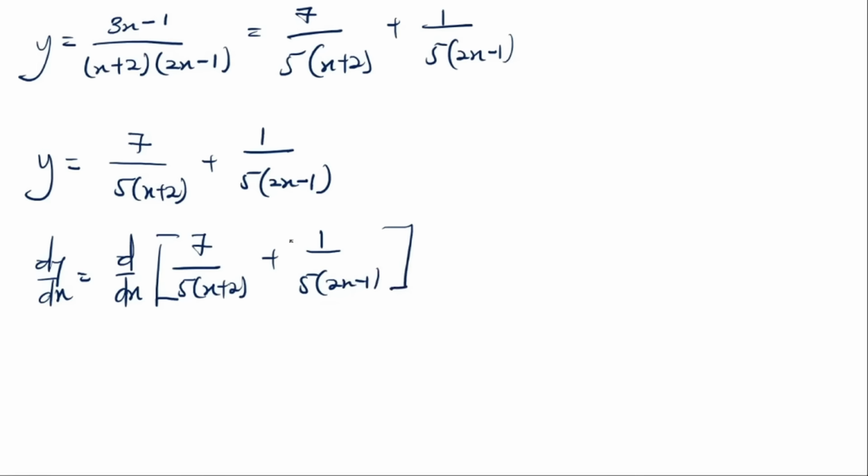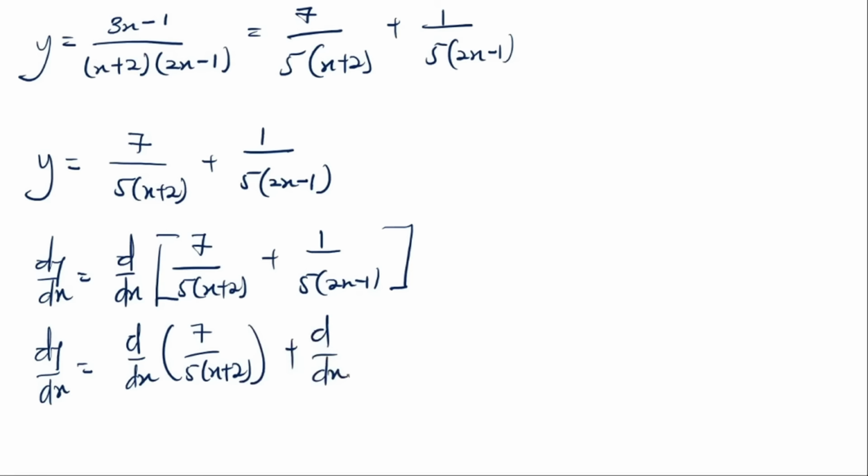Okay, so if we expand the bracket, our dy/dx becomes d/dx of the function 7 on 5 x plus 2, then plus d/dx of the function 1 on 5 2x minus 1, and that is that.